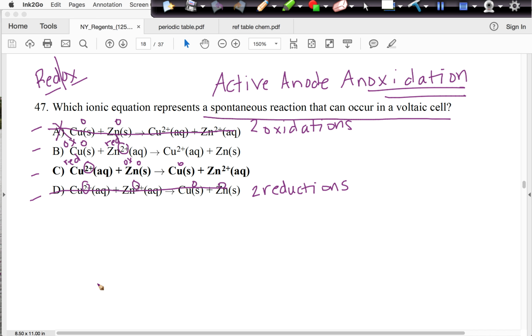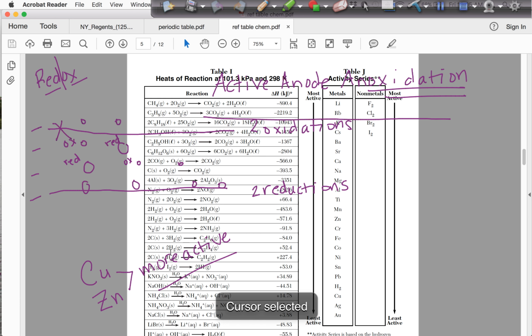So we're going to look at table J and we're going to say, is Cu, copper, or zinc more active? And then we're going to come back and see what the results are of what we checked out. So we want to know, is copper or zinc more active?